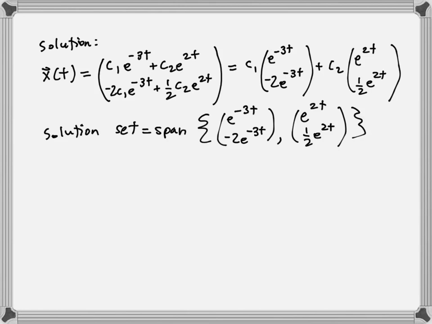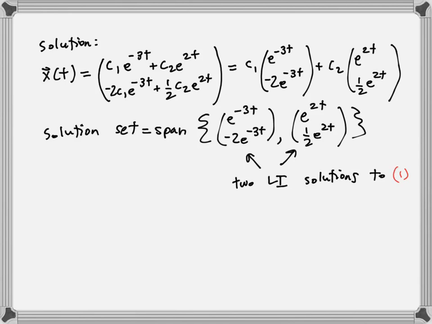Now, you could go ahead and do the Wronskian test, but these two are two linearly independent solutions to star, or actually let me call it, we called it 1, right?